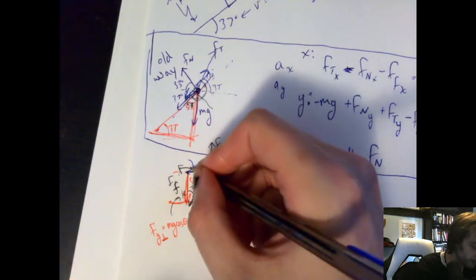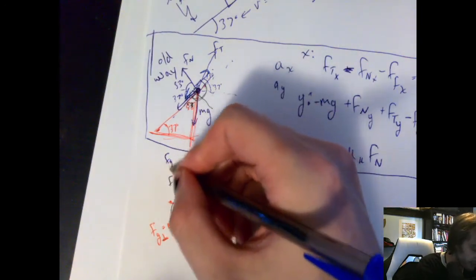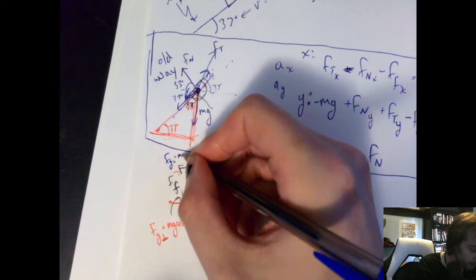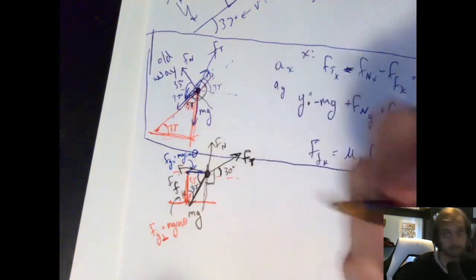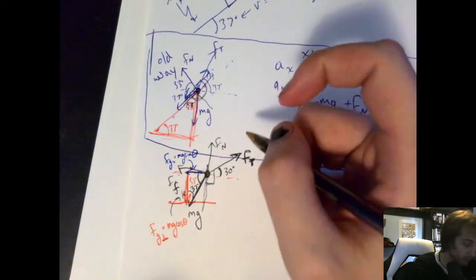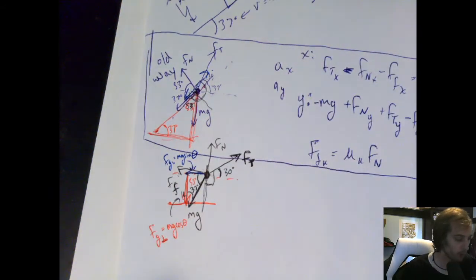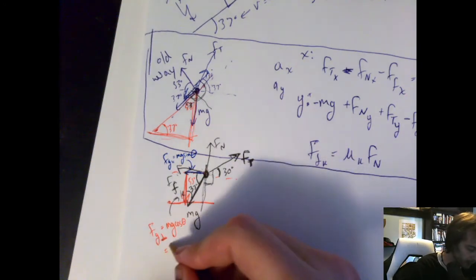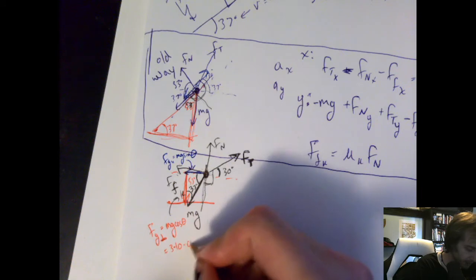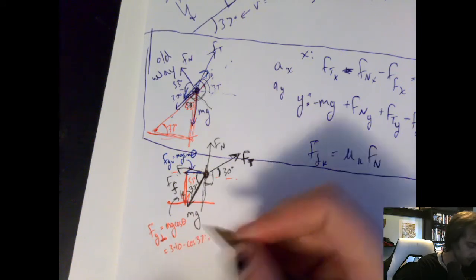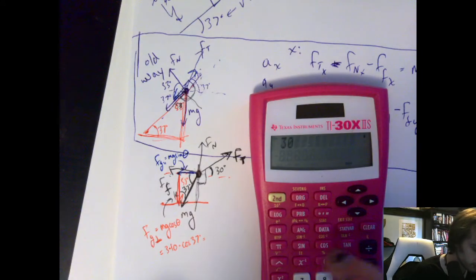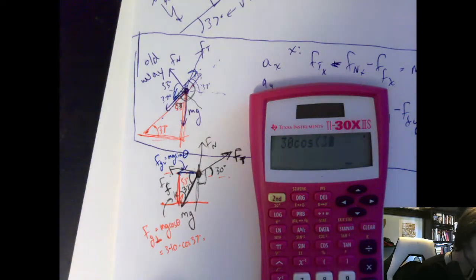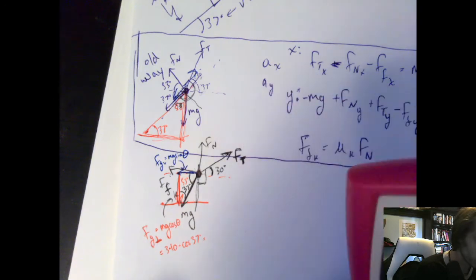Up here, we'll have the force of gravity that's parallel to the hill, and that'll be mg times the sine of theta. And theta is my hill angle. So in this case, mg cosine theta will be 3 times 10 times the cosine of 37, which is 30 cosine 37, which is 24.